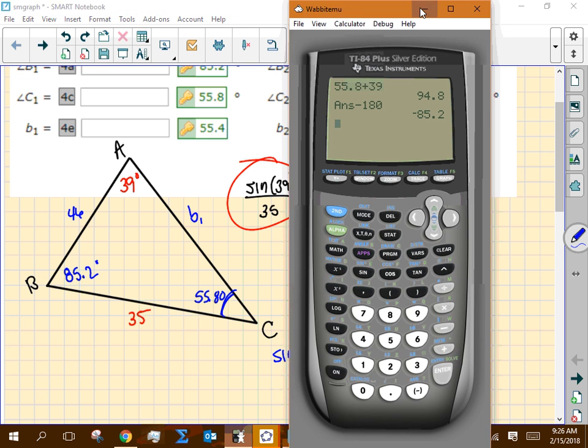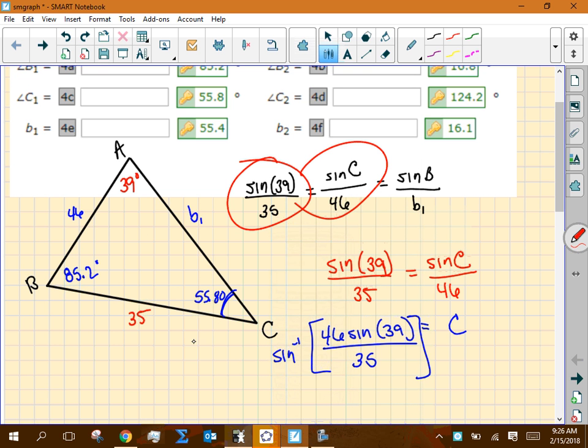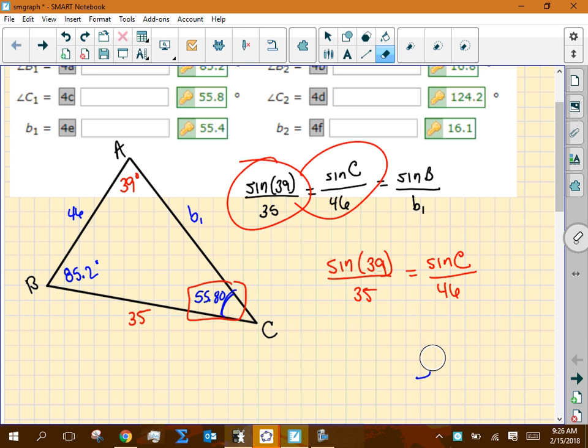So once you find that first angle, once you find that thing right there, you have the ability to kind of finish off. That's the necessary measurement to finish off this triangle. Find that. Now I can find angle B. And now that I can find angle B, can I take this ratio of sine 39 over 35 and set it equal to that ratio there?